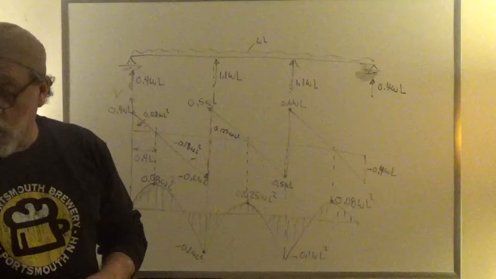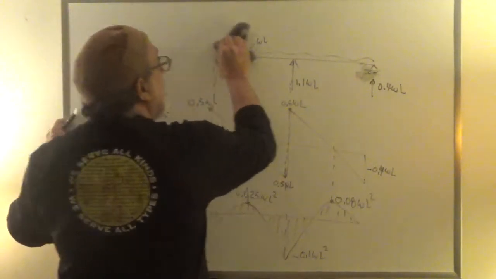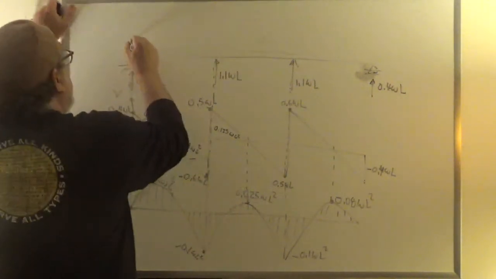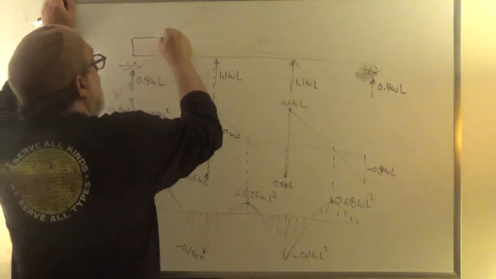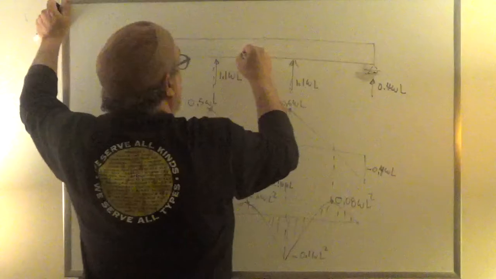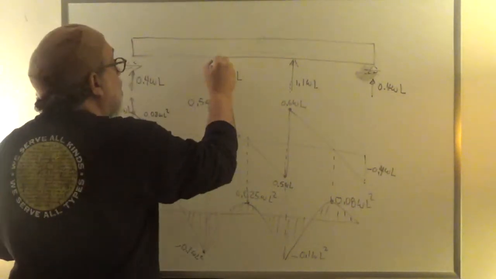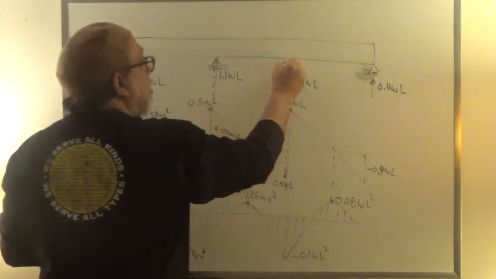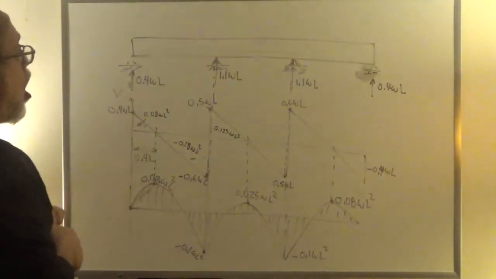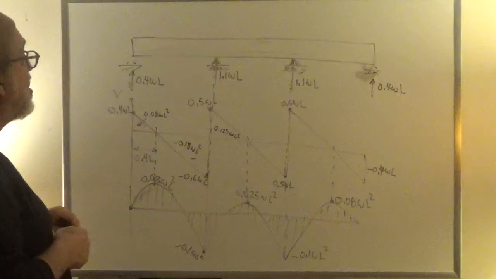Okay, if I draw this beam with a size, and I want to put the supports here so you can see them, like that, right? If that were a concrete beam, then the reinforcement would be placed where?